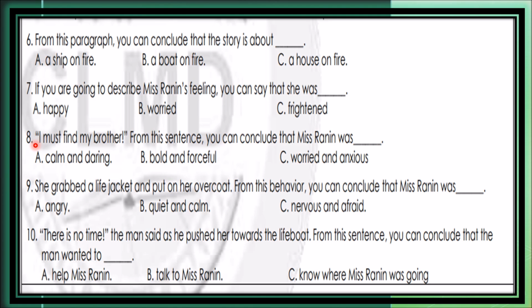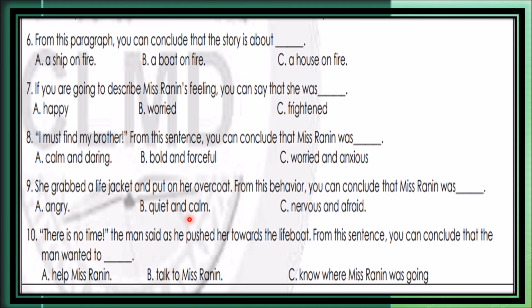Number 8. I must find my brother. From this sentence, you can conclude that Miss Ronin was blank. A. Calm and daring. B. Bold and forceful. C. Worried and anxious. Number 9. She grabbed a life jacket and put on her overcoat. From this behavior, you can conclude that Miss Ronin was A. Angry.